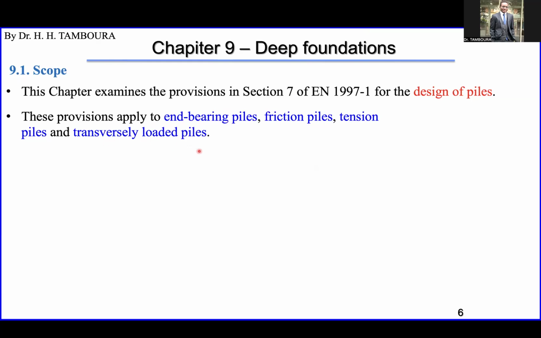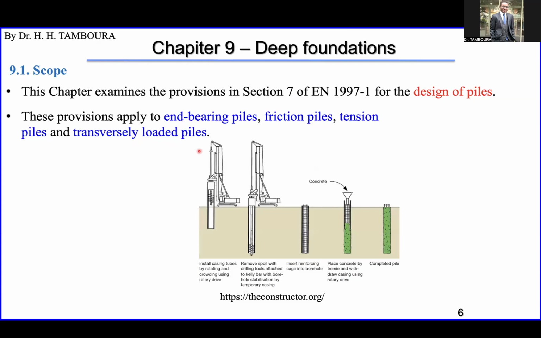There are several piling methods. We have, for example, the bored pile. You just dig a hole. Sometimes you need casing because if not, the soil will collapse in the hole. Digging and putting the steel reinforcement, and you pour concrete.